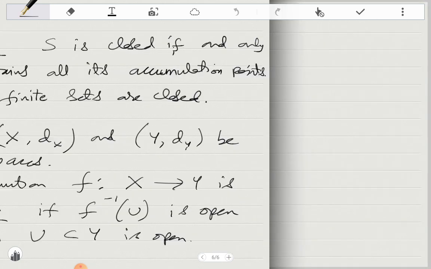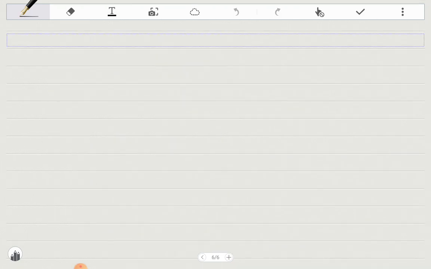Sometimes one can use this definition, but there are our familiar epsilon delta definition and sequential continuity as well. So let me mention those things.